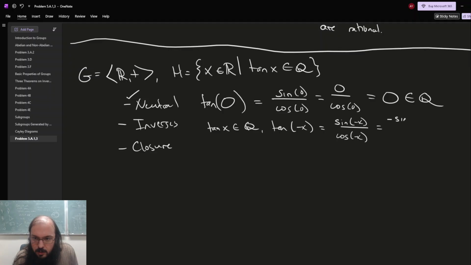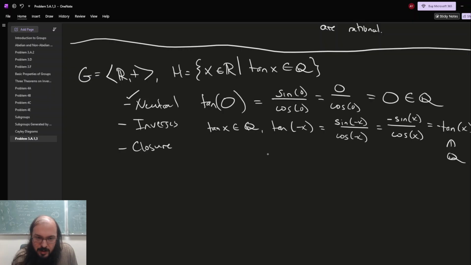Sine, the minus sign can come out, whereas cosine is symmetric. And so this is minus tangent of x. Some people whose trigonometry is really good might just remember that. Personally, I fully admit I am not good at remembering trigonometry facts, so I like to work them out like this. But in any case, if tangent of x is rational, then minus tangent of x is just the negative of that. And so the negative of a rational number is again a rational number.